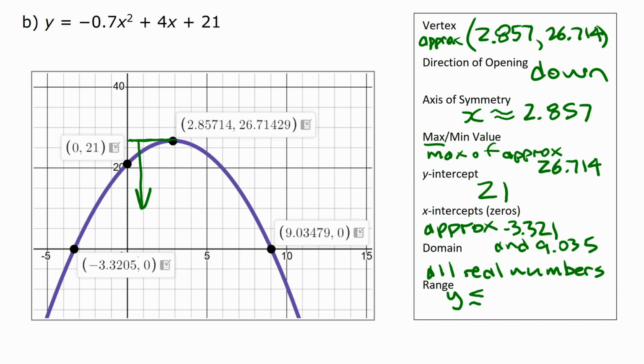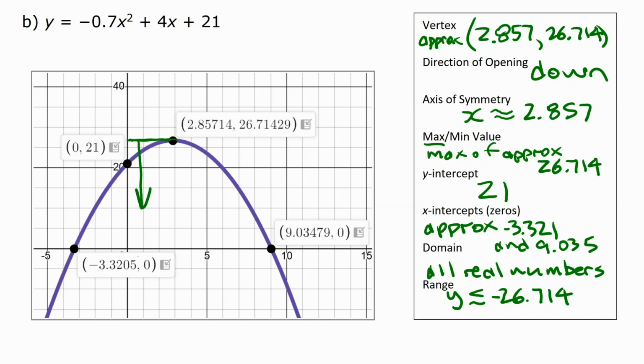Now this might not be a symbol you've ever seen before, but that means less than or approximately equal to 26.714. You do sometimes see this symbol with 2, but just to be consistent with what we use for less than or equal to, usually that's the better one to do.